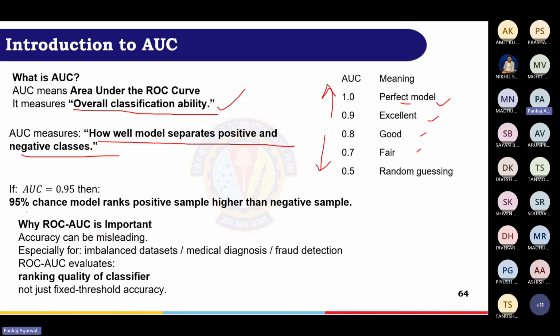So why is ROC AUC important? Because accuracy can be misleading, because in the previous cases we were looking at accuracies and some other parameters, especially for imbalanced classes, medical diagnosis or fraud detection. It evaluates the ranking quality of the classifier.